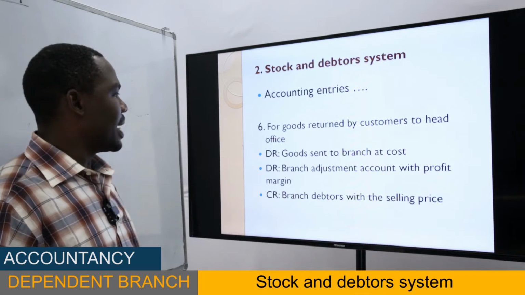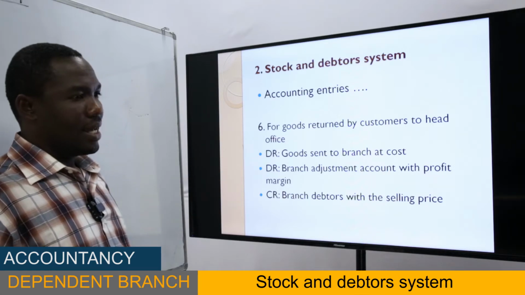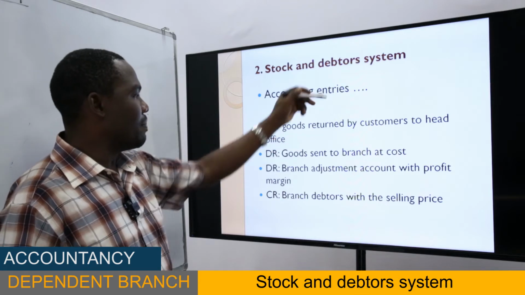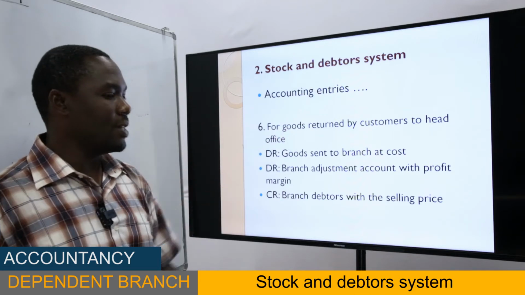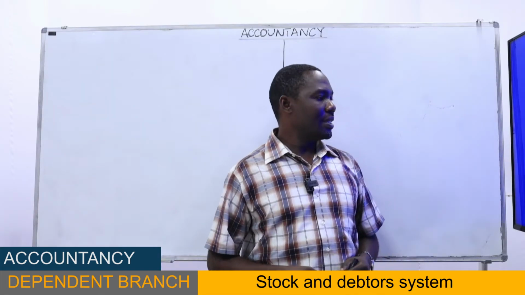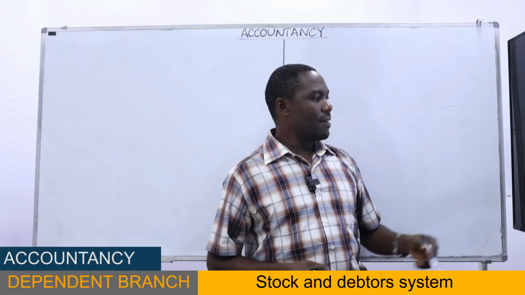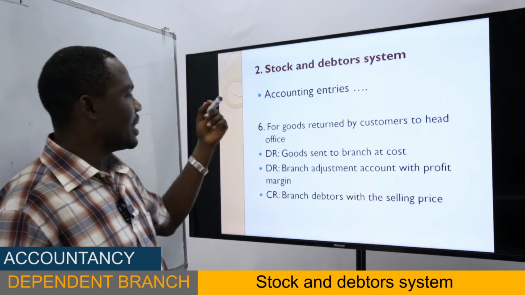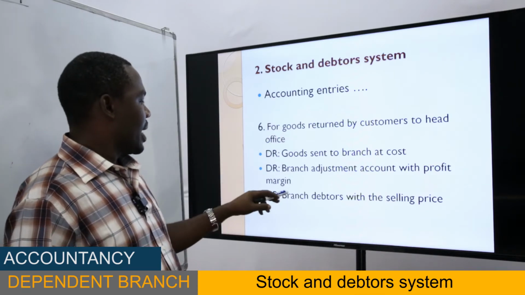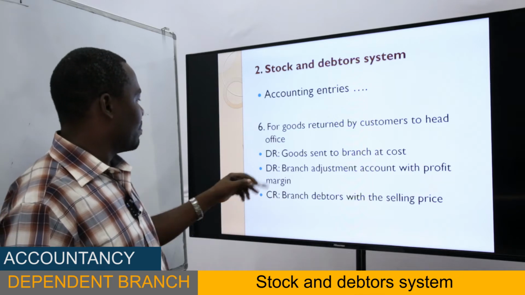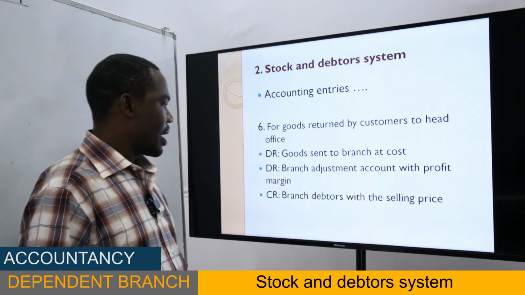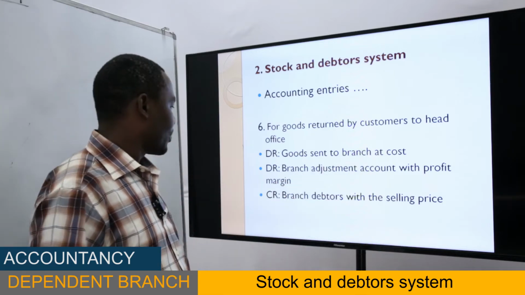For goods returned by customer to the head office, it may happen that the customer returns these goods not to the branch but directly to the head office. Remember, the goods sent is recorded at cost, so whenever the customer returns directly to the head office, we are going to adjust this by debiting goods sent account at cost.